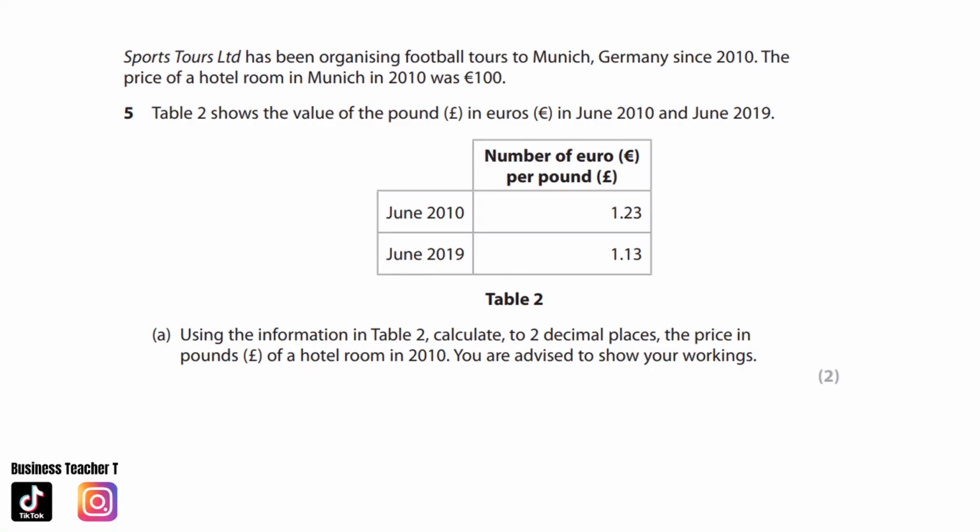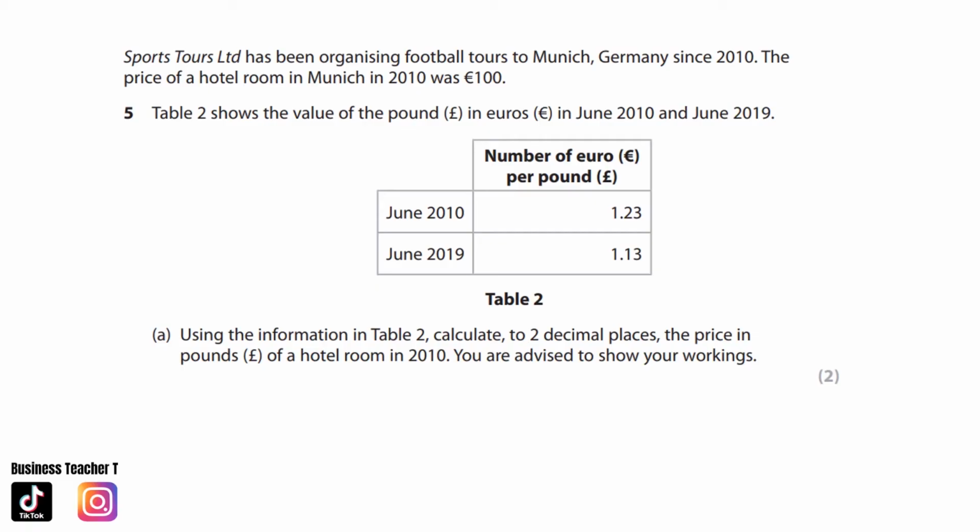Next question. Sports Tours Limited has been organising football tours to Munich, Germany since 2010. The price of a hotel room in Munich in 2010 was €100. Table 2 shows the value of the pound in euros in June 2010 and June 2019.